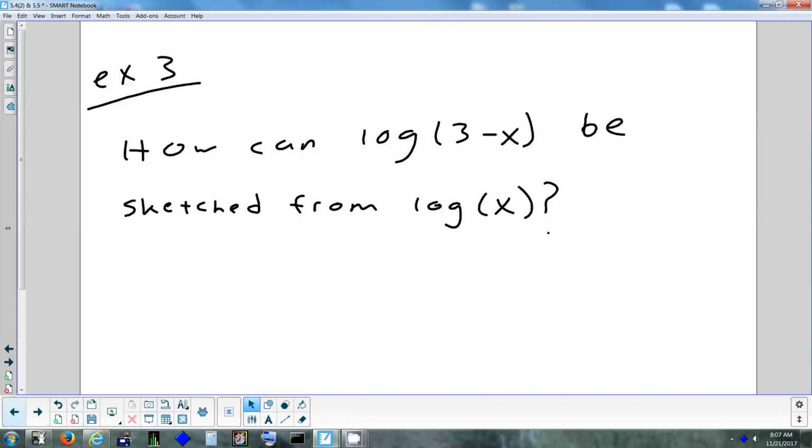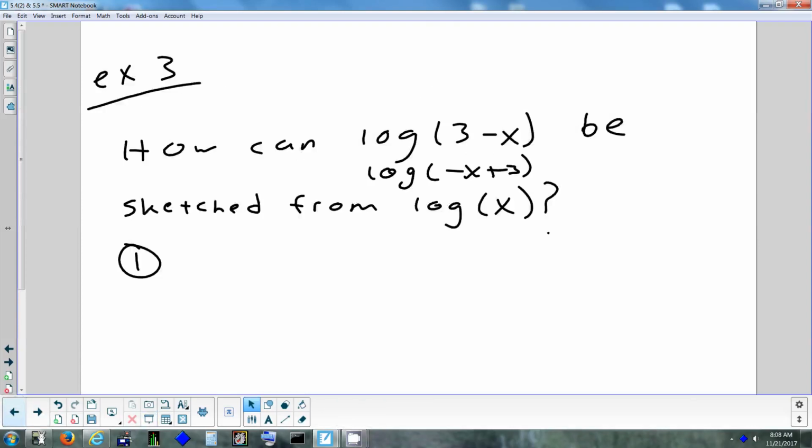Yeah? Put the x in front, so negative x. Yeah. And Shauna, how many transformations are happening in the negative x plus 3? 2. Yep, there's 2.